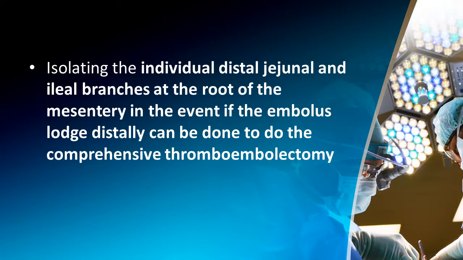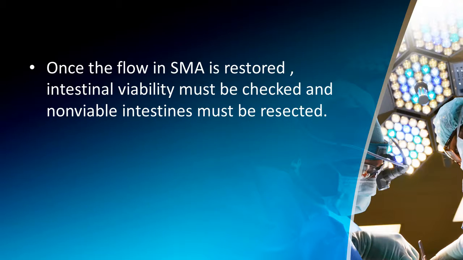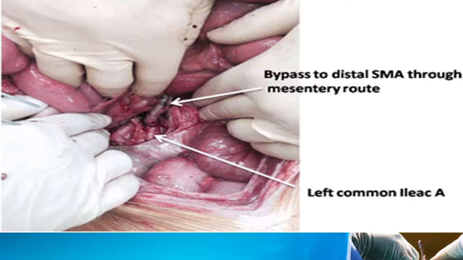Once the flow in the SMA is restored, intestinal viability must be checked and non-viable intestines must be resected. Here, a bypass to the distal SMA through the mesentery root. The left common iliac artery was used.